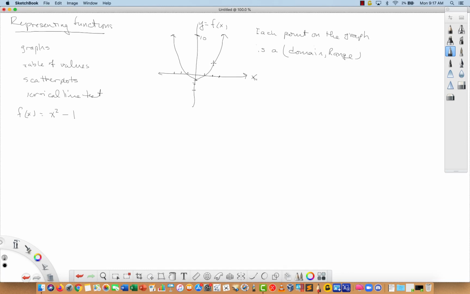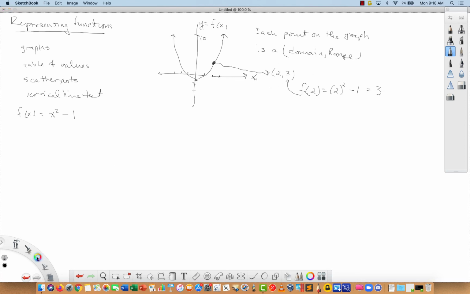So right here, let's say that our x value is 2. Well, the range point that goes with 2 is 3. The 3 is f of 2. Remember, f of 2 would then be 2 squared minus 1, which is 3.